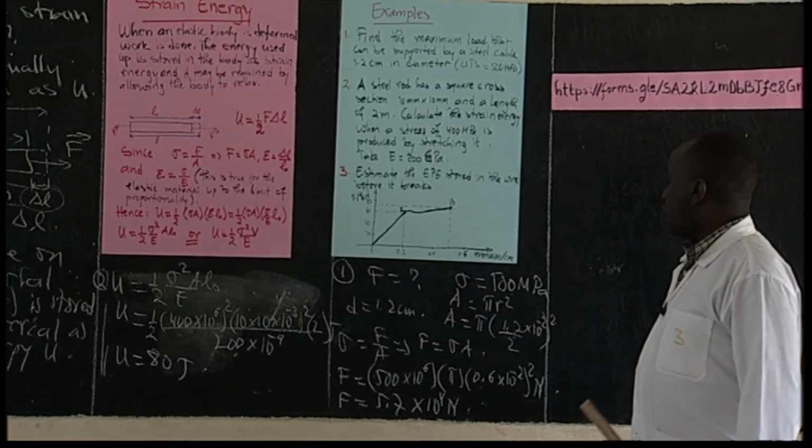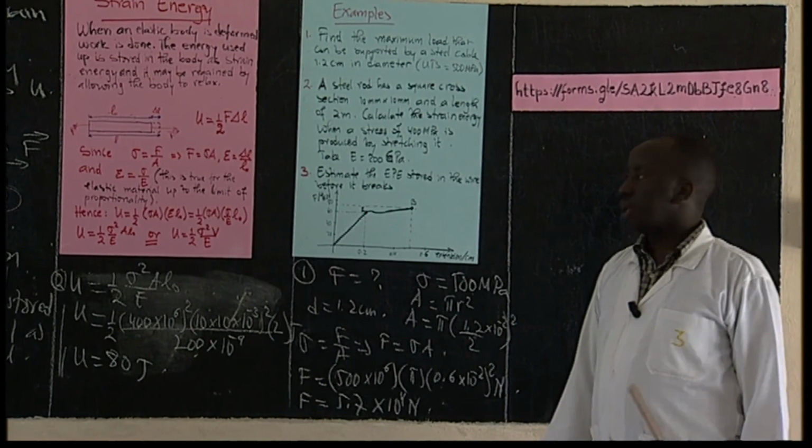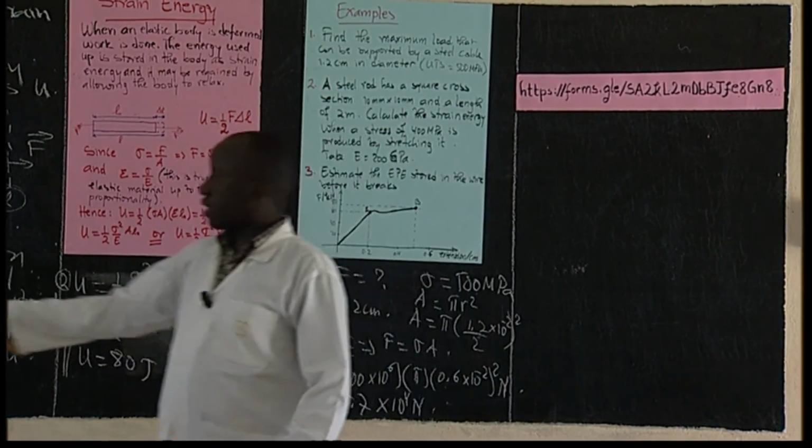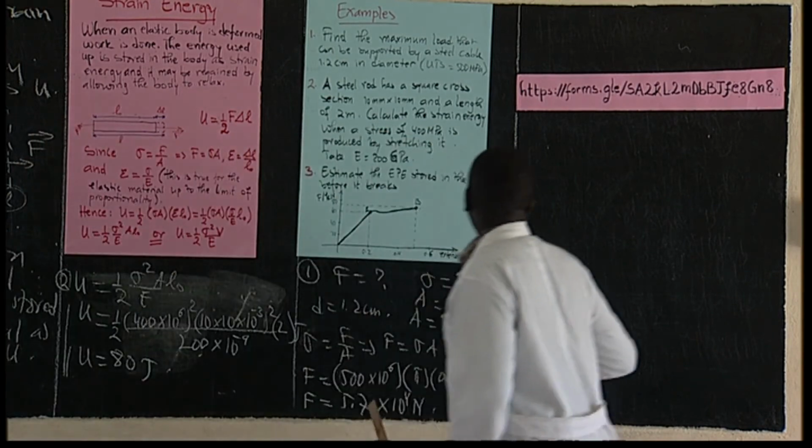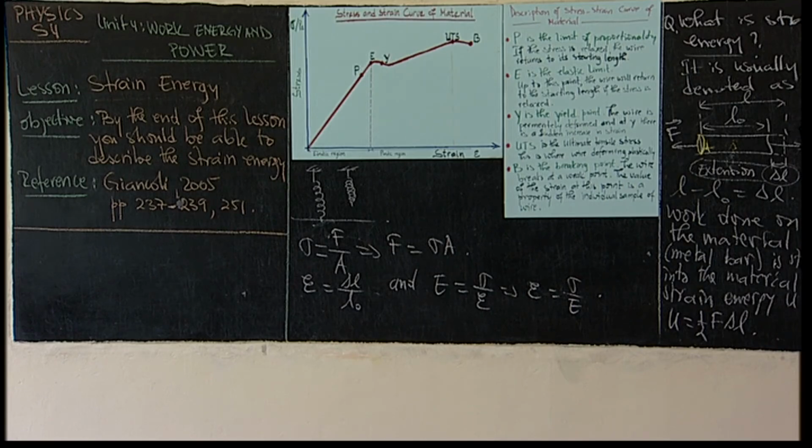This diagram that we have here is very similar to the diagram that we had there. Because in this diagram, there is a force here, and there is an extension.